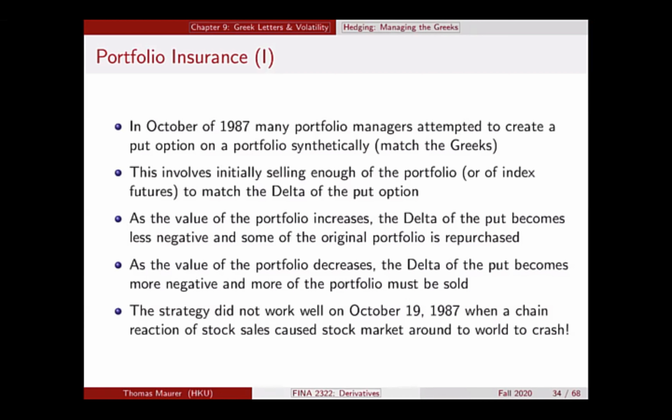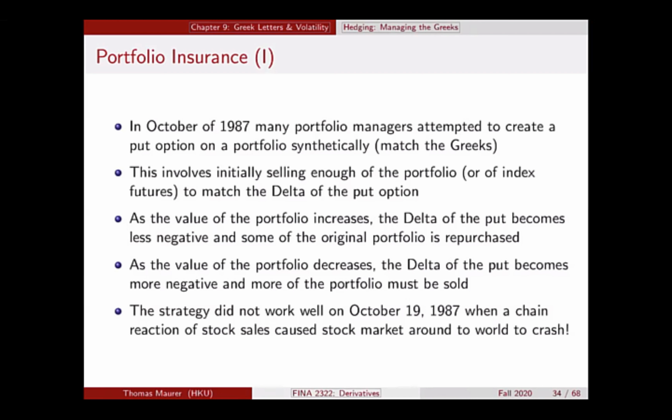And people who sold the put options to these portfolio managers, in turn wanted to hedge themselves, and the way they did it is by delta hedging, meaning that they actually had to short sell some of the market, since again the delta of the put option is between -1 and 0.